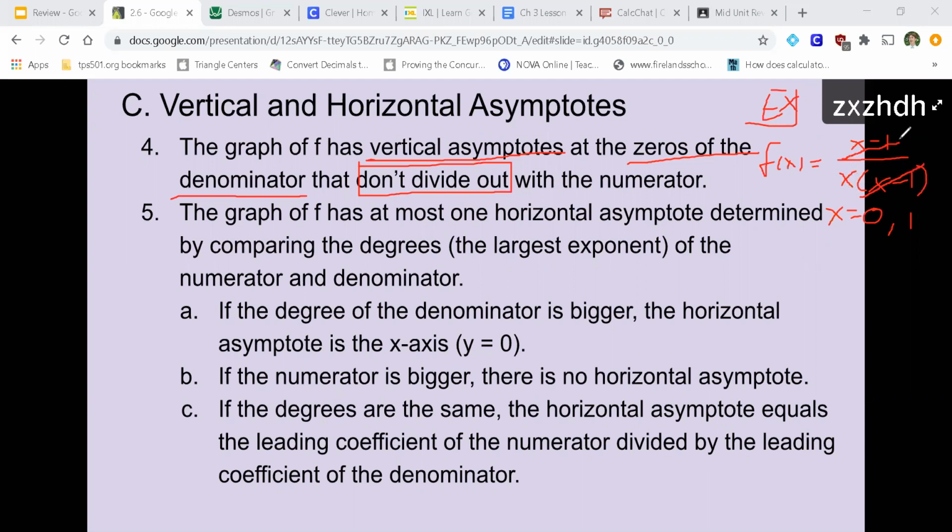There is no x factor in the numerator. So this is a vertical asymptote, and 1 is what we would call a hole in the graph. It is not in the domain, but it does not cause the going to infinity behavior.